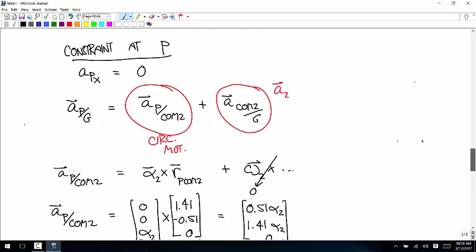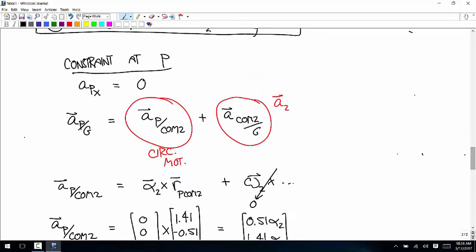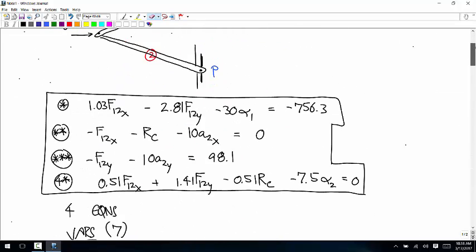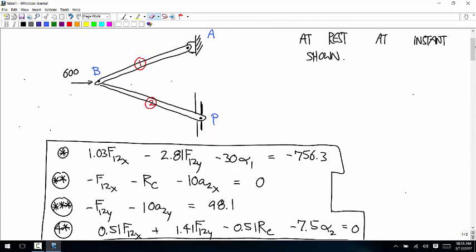Yeah, because these constraints are equations based on stuff we know about how the joints have to act. And so nothing about how that joint acts gives us information about the y component of that acceleration. That could be 50 or negative 50 or a million or whatever, we don't know. But we do know that the x component of the acceleration has to be 0, because otherwise it would be breaking through that slot.